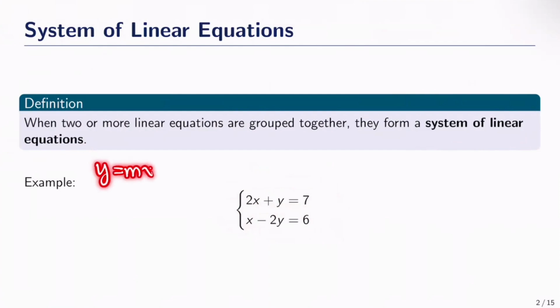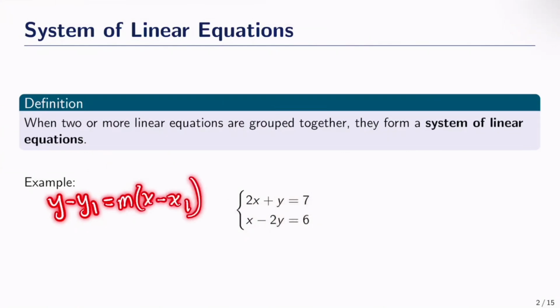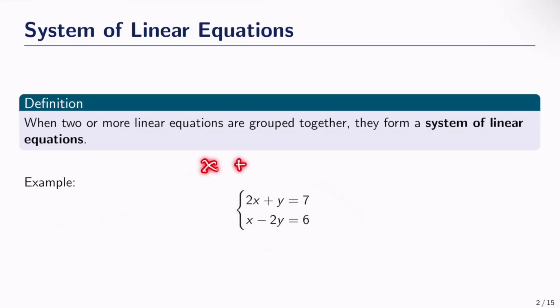They can be in point slope form, aka y minus y1 is equal to m in parentheses x minus x1, or they can be in standard form, some version of x plus some version of y is equal to our constant, some number.